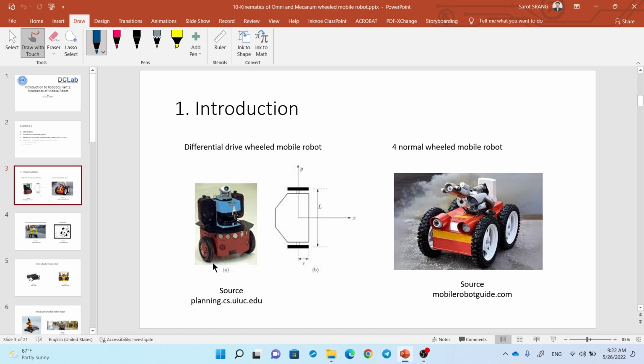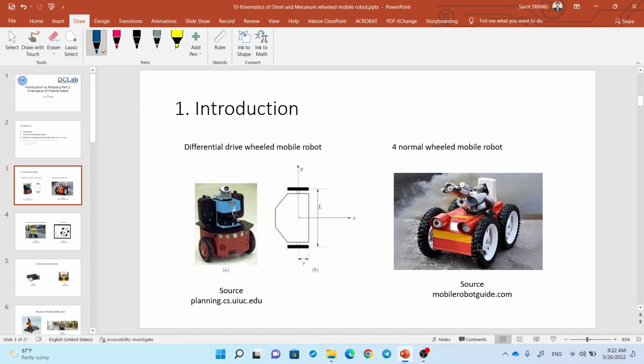For this type of robot, it can have flexible maneuverability, so it can go straight. It can rotate around itself, and of course, it can go backward or forward. To control this kind of robot, you just need to control the velocity of the two wheels. So there must be two separate actuators.